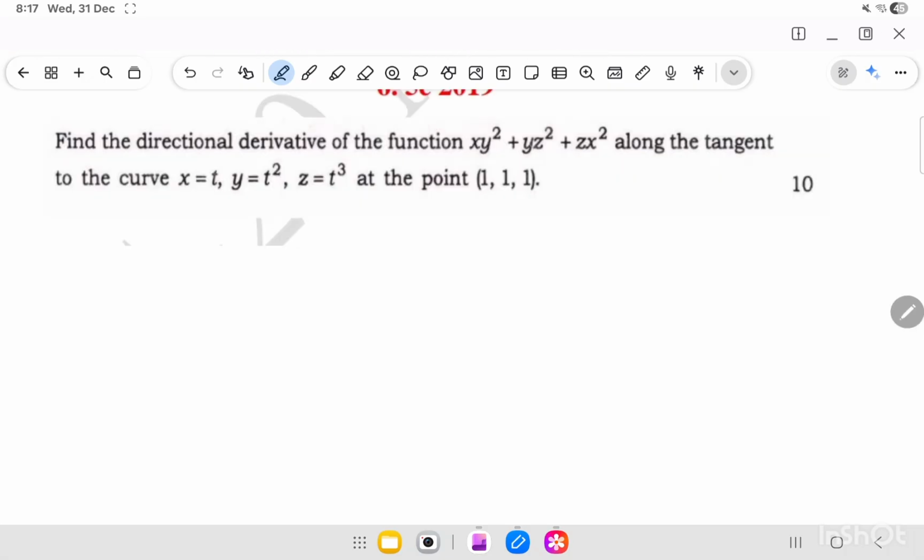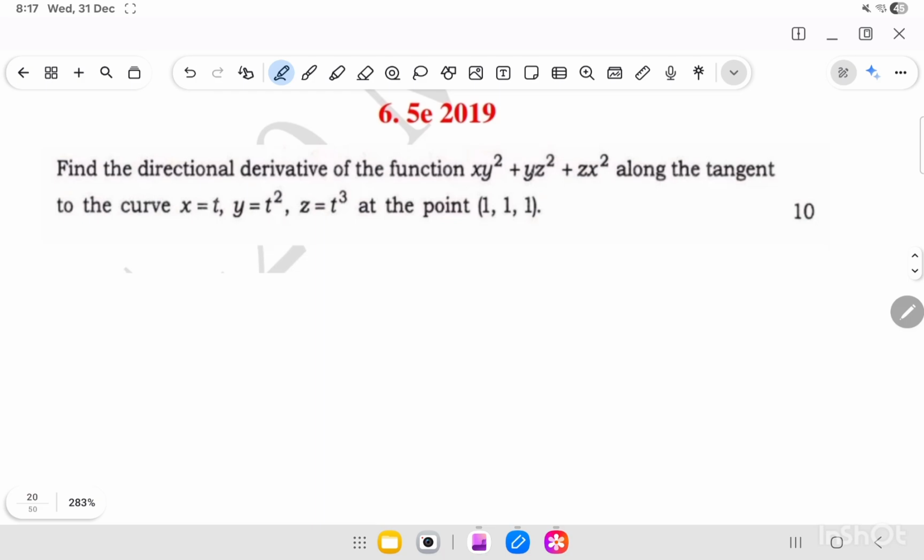So the next question says to find the directional derivative of this scalar along the tangent to this curve at the given point, and it was asked in a civil services examination in 2019. So first let us evaluate the tangent for the given curve.